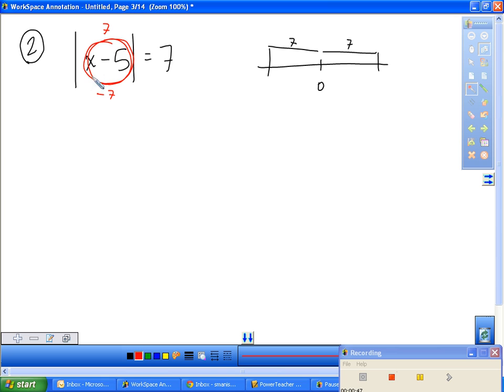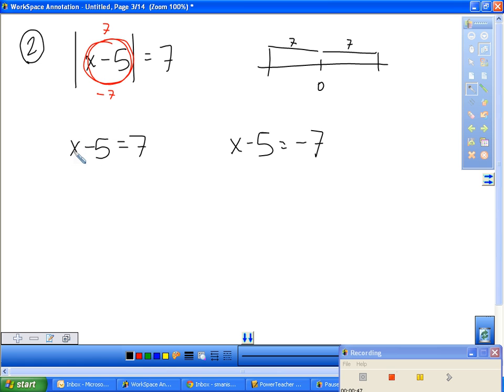So I use that idea that whatever this thing is has to equal 7 or -7 so that I get this answer. So I set up 2 equations to help me find it. This red bubble, x minus 5, either equals +7, or the red bubble, x minus 5, equals -7.